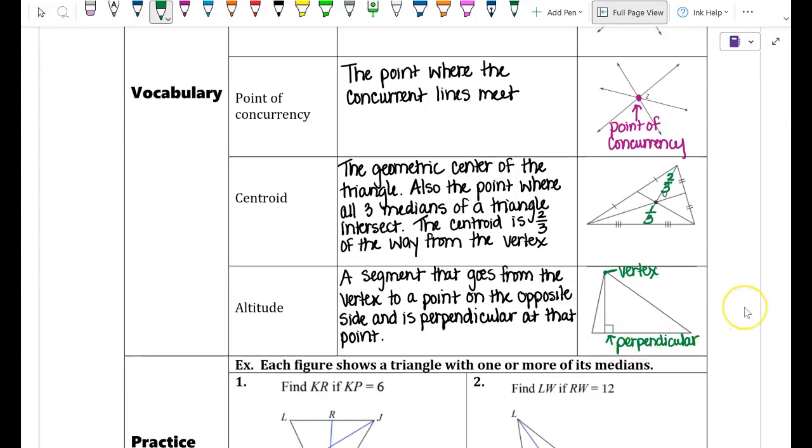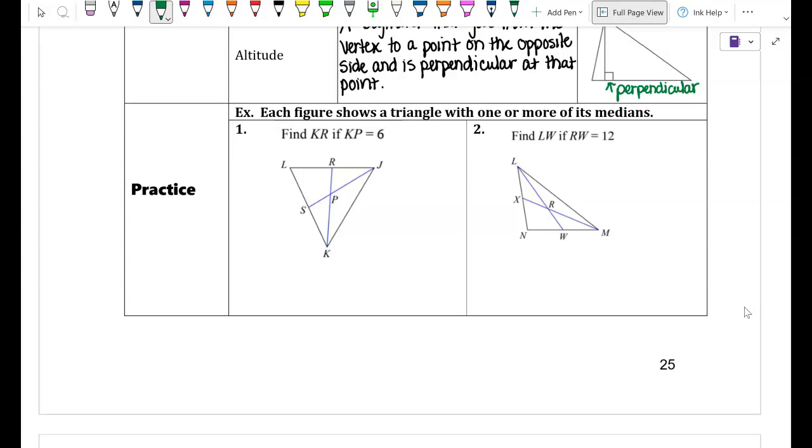All right, now let's see how we're going to apply the math to go with this. In each of these examples, it says each figure shows a triangle with one or more of its medians. In this case, segment LR is congruent to segment RJ, and segment LS is congruent to segment KS.